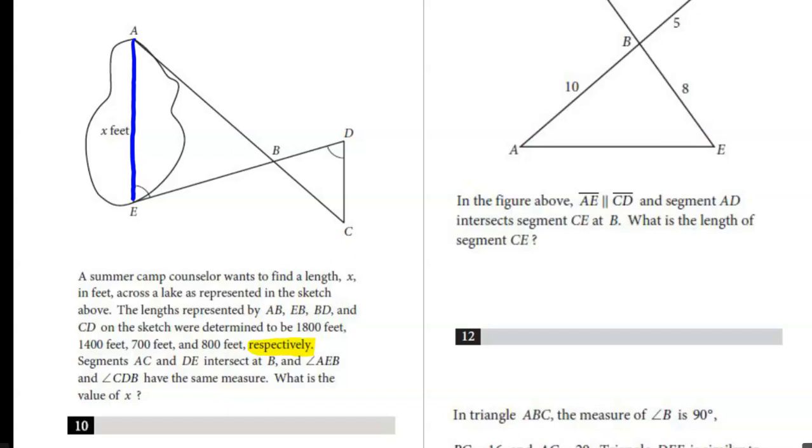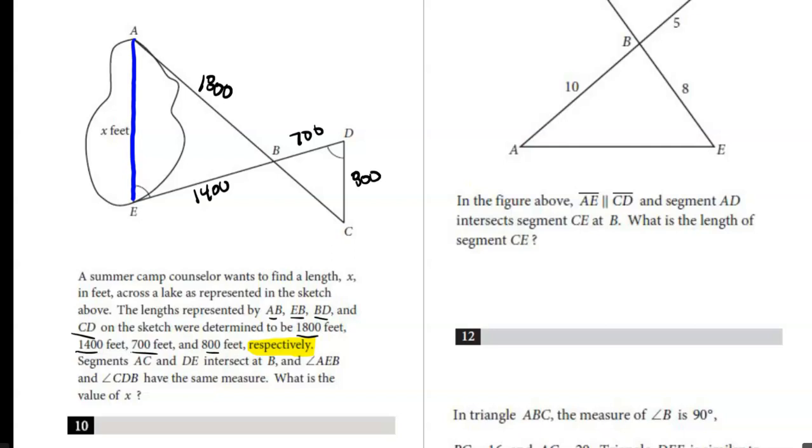So we have AB was the first one, so that's 1800. And then EB came next, so that's the 1400. And then BD came, so that's the 700. And then CD was 800.